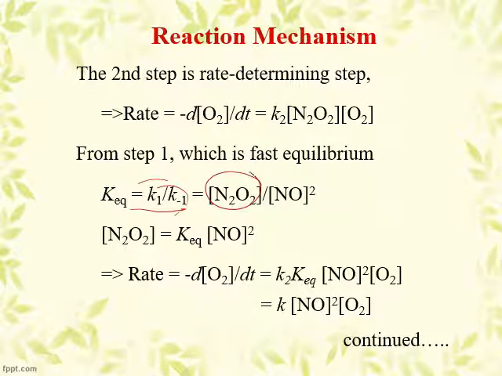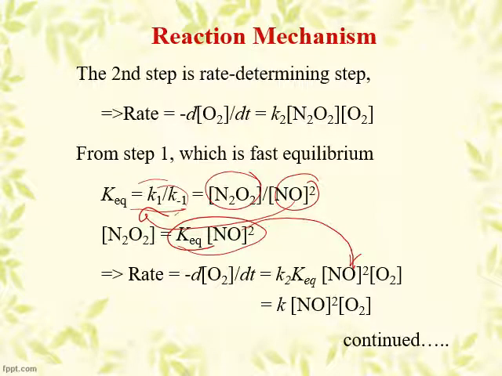We bring the NO squared to this side, so N2O2 is equivalent to K equilibrium times NO squared. And we substitute this into the rate law of the slow step.